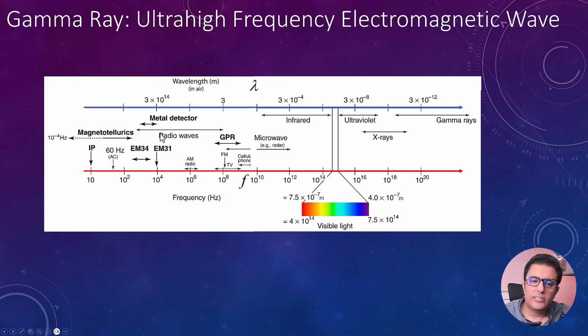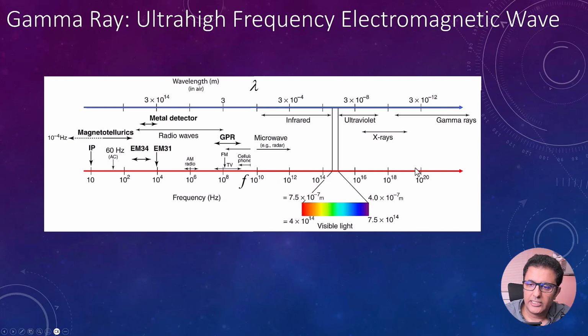Then we have radio waves, and after that we have GPR or ground penetrating radar, which is a kind of higher frequency. Then we have microwaves, and after that we have visible light, X-rays, and gamma rays.